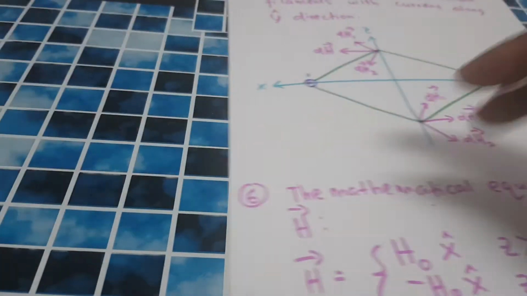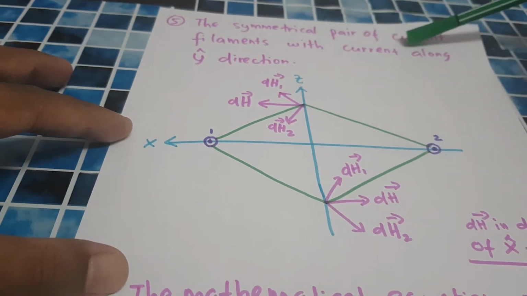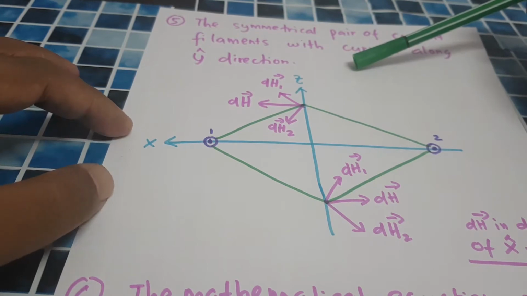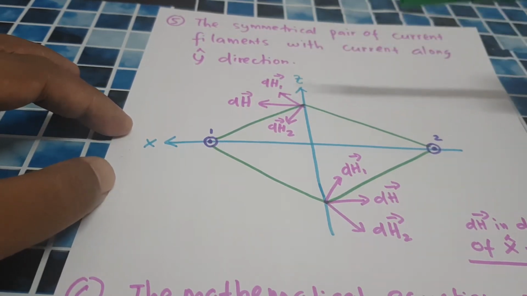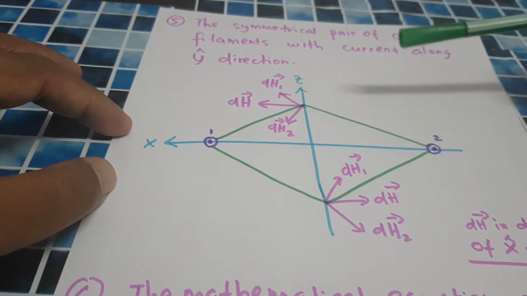So we can draw the symmetrical pair of the current filaments with the current along the y direction. We know from previous that the magnetic field is in the x direction.